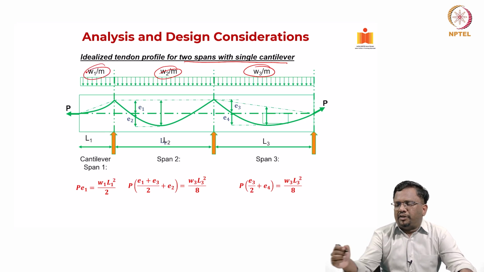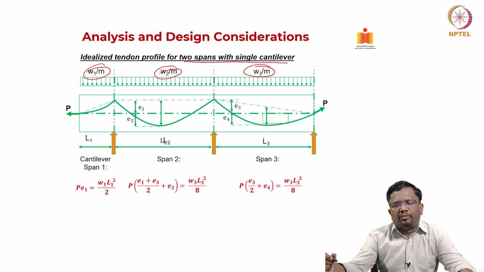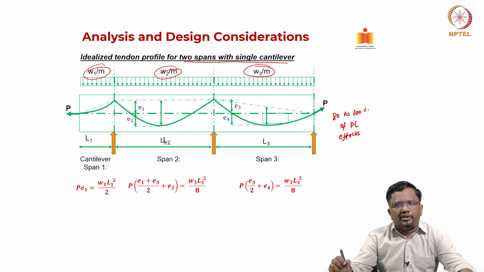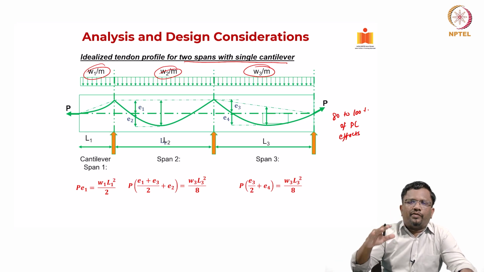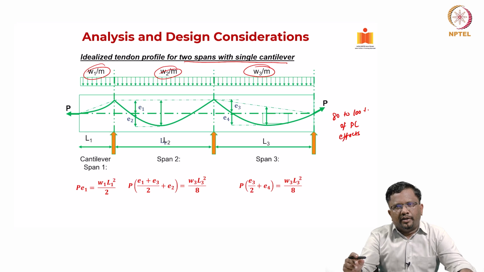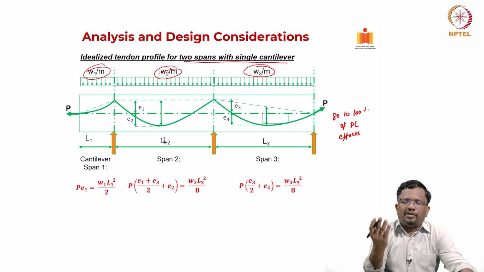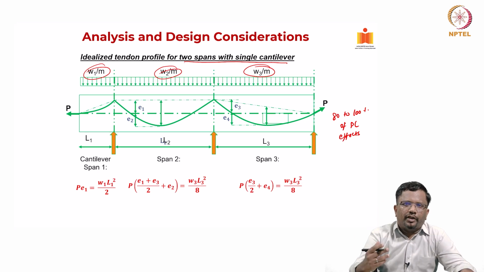Then typically in post-tensioning, particularly in slabs, we try to balance about 80 to 100% of your dead load effects. That means you design pre-stressing in such a way that the dead load effects are almost nullified. We have studied in the equivalent load method that pre-stressing creates a vertical load in opposition to what you are going to get from an external load.